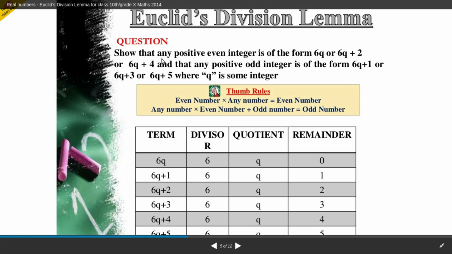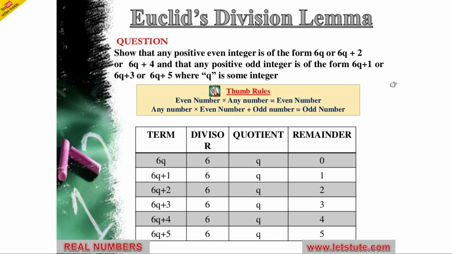Here, show that any positive even integer is of the form 6q or 6q plus 2 or 6q plus 4, and that any positive odd integer is of the form 6q plus 1 or 6q plus 3 or 6q plus 5.